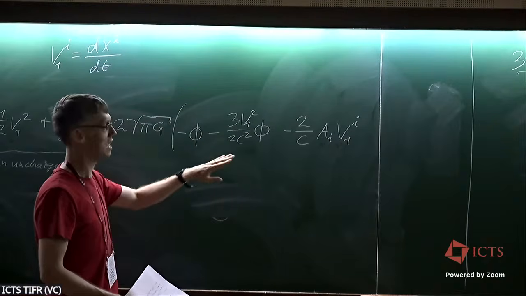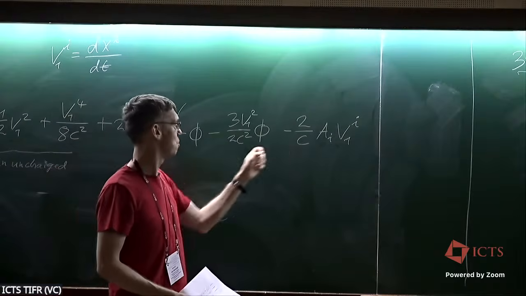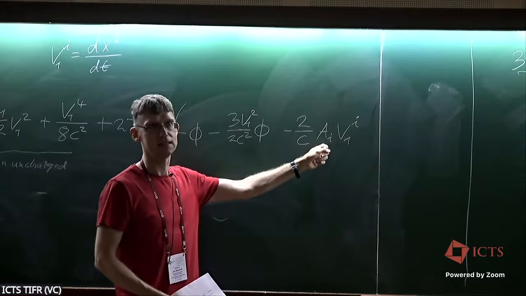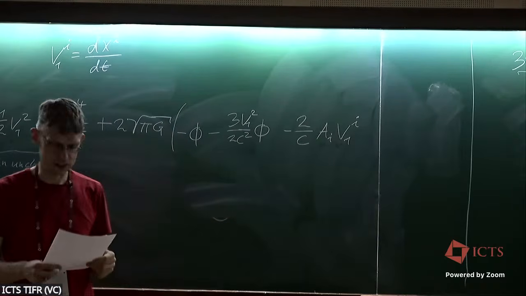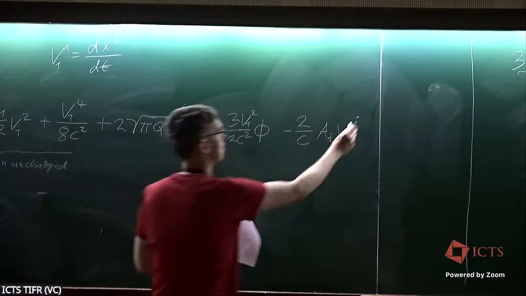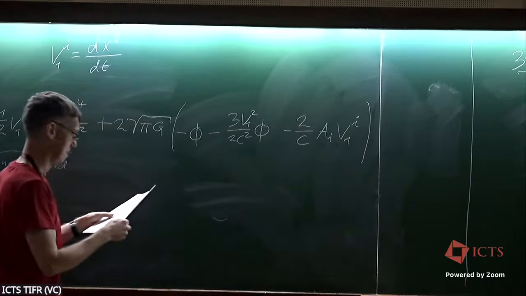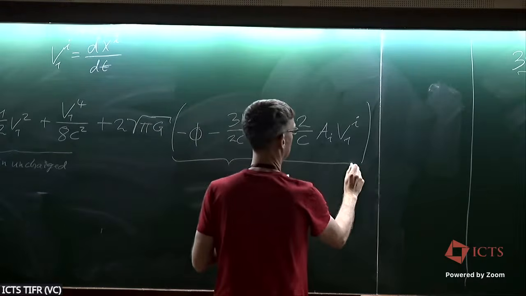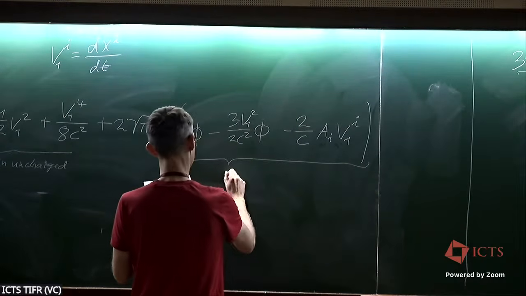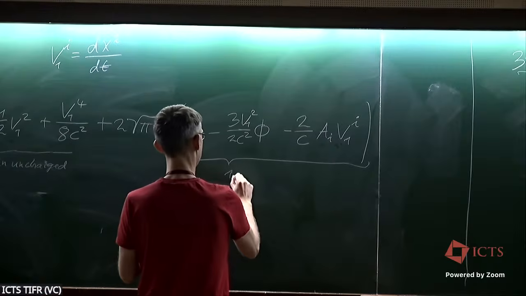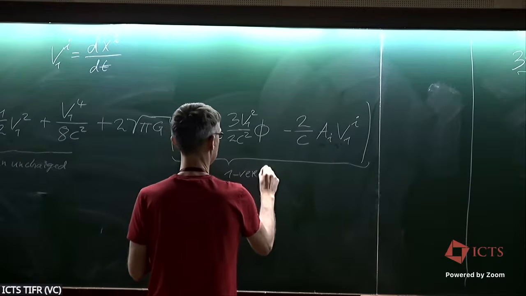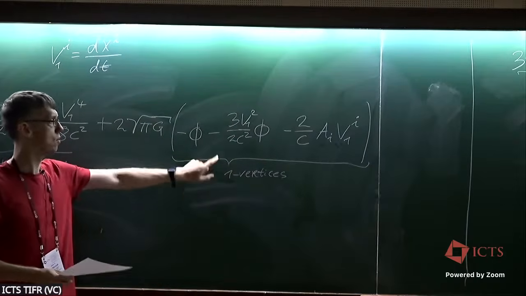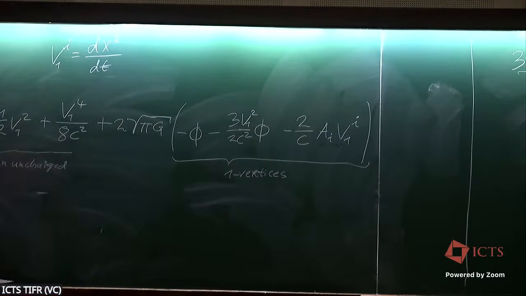So this hand-wavy interpretation works quite well. This is the electric part of the gravitational field, and this A is the magnetic part of the gravitational field. Good. So those are basically all the one vertices, if you want. So the vertices with one outgoing graviton, either phi or an A.